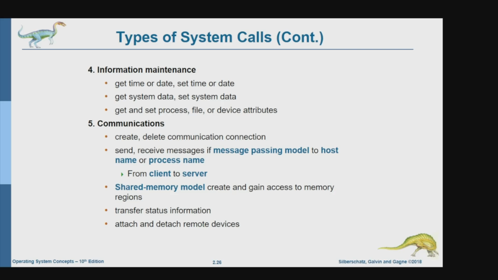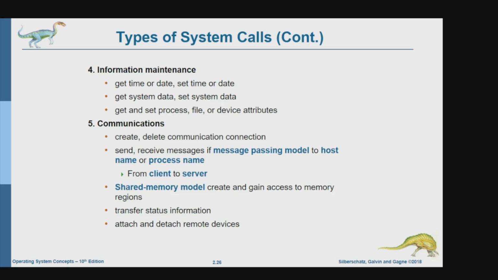Number five is communication. You can create and delete a connection, that is, create and delete communication between you and others. You can send and receive messages through the computer system, for example between client and server.